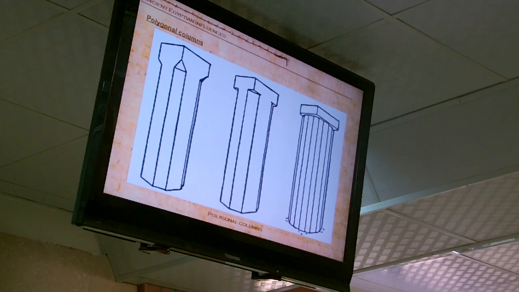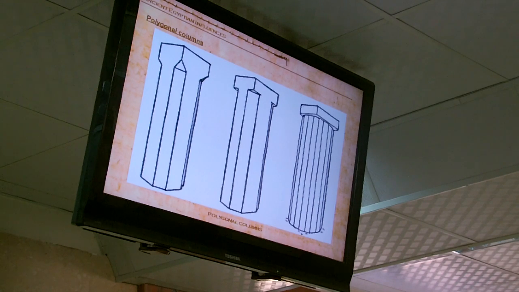Polygonal columns as well, known as proto-Doric columns since they are believed to be the origin of the classical Doric order. Polygonal columns have no capital and no base, but directly carry a square abacus. And it's noted that there are always four sides of the shaft tangent to the abacus. They were popular in Egypt from the 12th dynasty onwards.